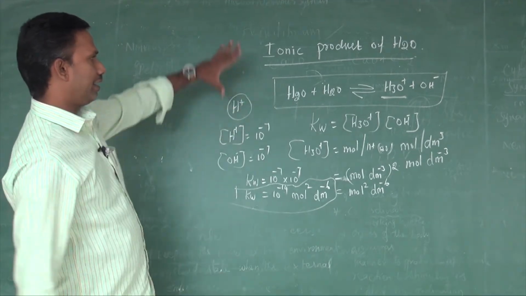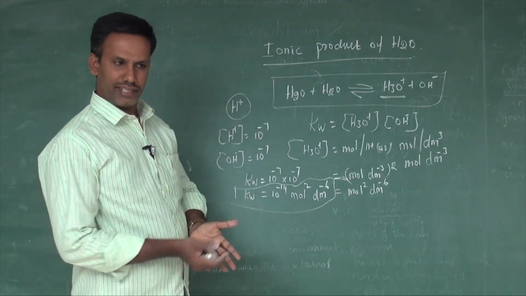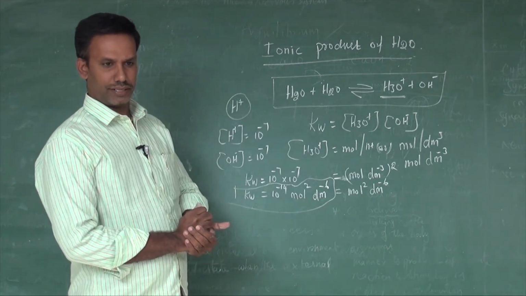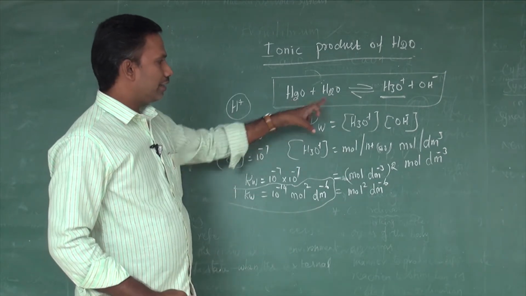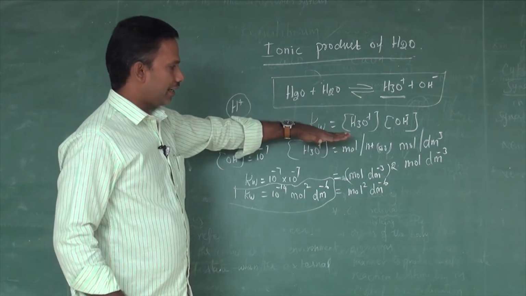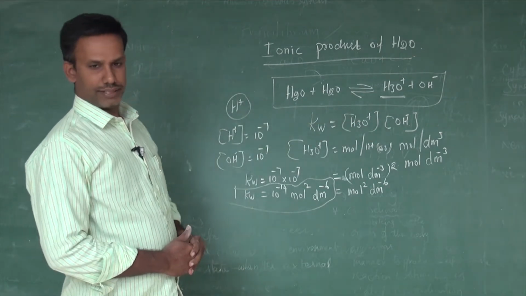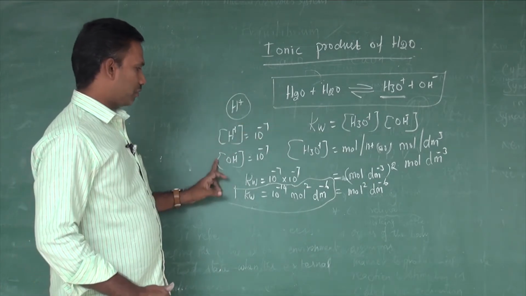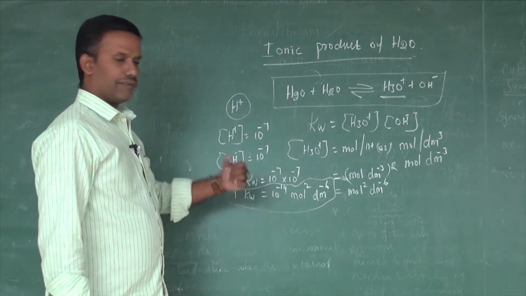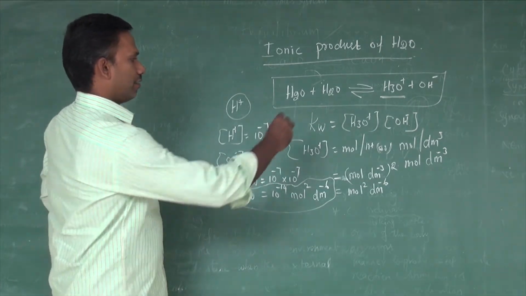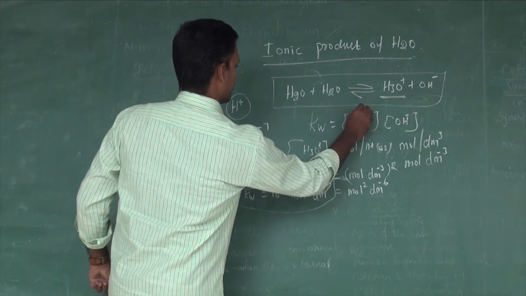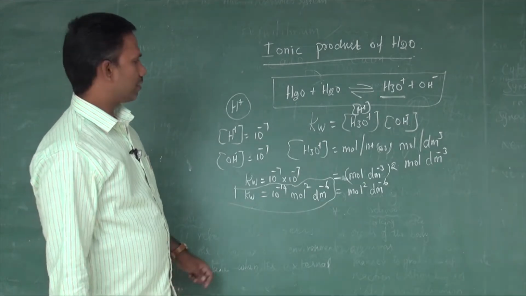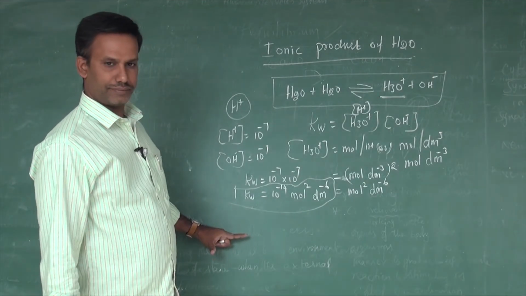Again I am repeating the ionic product of water. When water undergoes ionization, you get the ions: hydronium ion and OH minus ion, hydroxyl ion. Then this product can be written like this. If you apply the unit and the value of the concentration of H plus ion and OH minus ion, you get this value. Very often for hydronium ion, they will not write hydronium ion, they will just give H plus itself. You need not have confusion. Okay, this is called the ionic product of water.